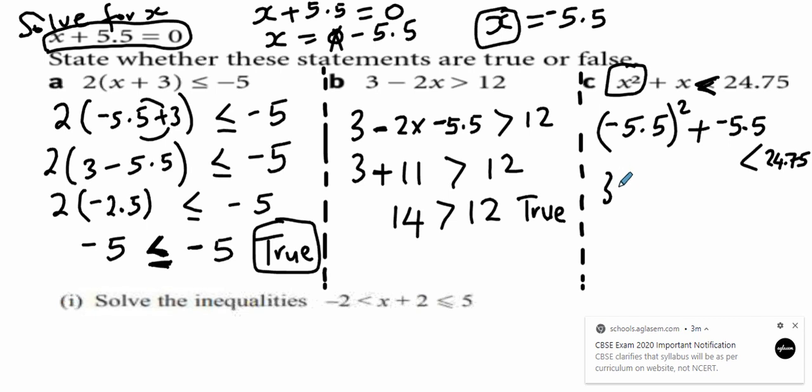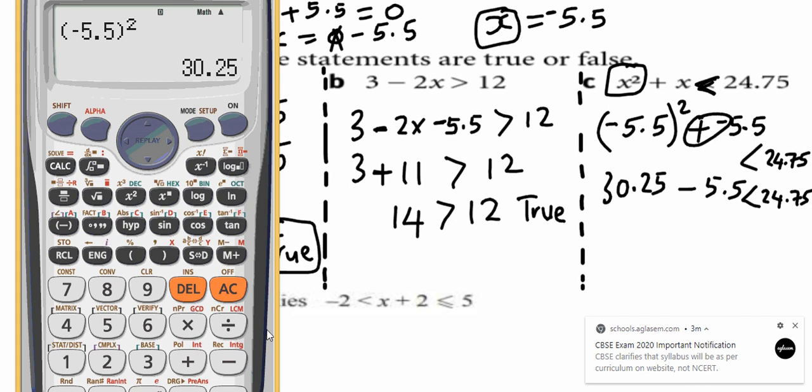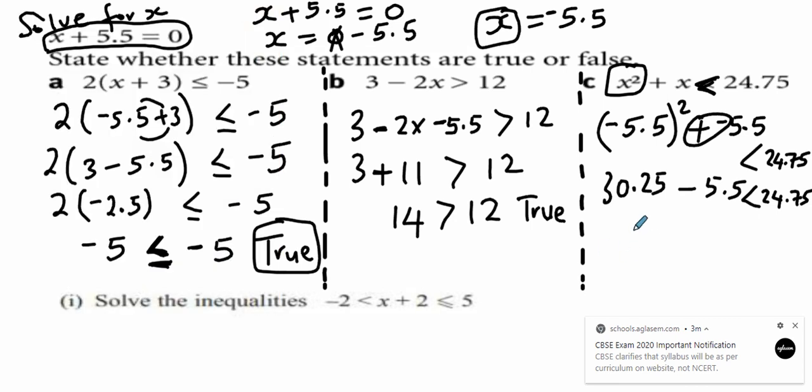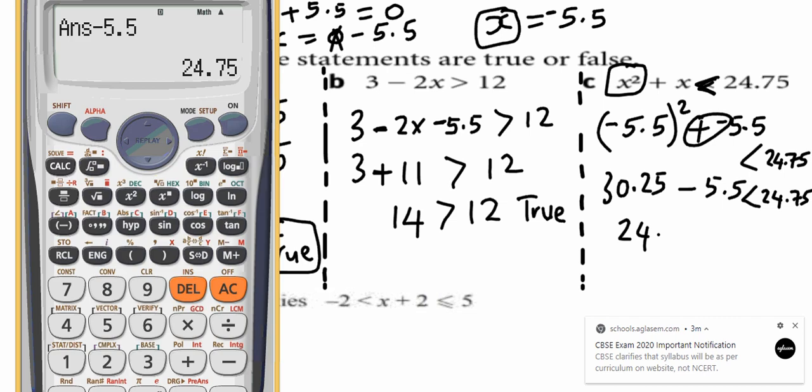Then plus x, which is negative 5.5. So 30.25 minus 5.5 gives 24.75.